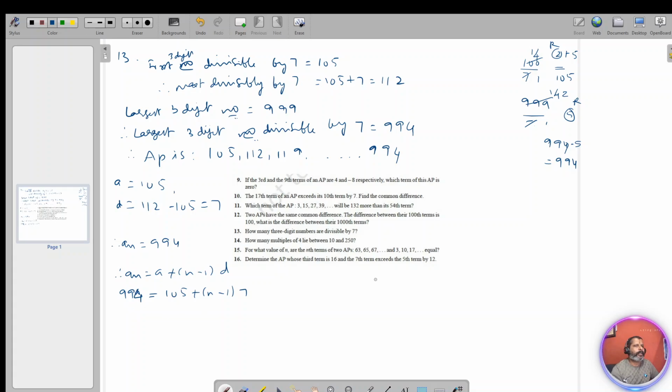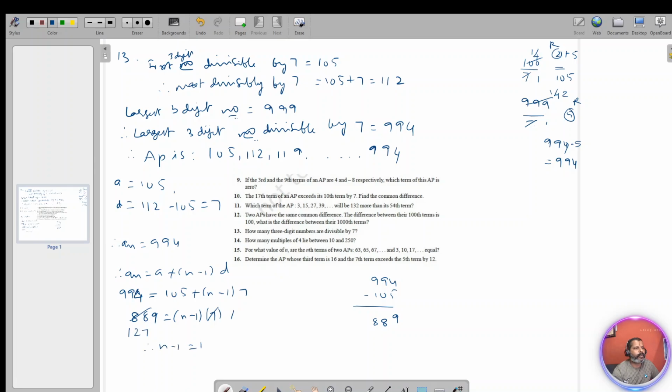If you subtract 994 and 105, how much it comes? 14 minus 5 is 9, 8, 8, right? 889. 889 is equal to n minus 1 into 7. 7 should get cancelled, otherwise it will not be a proper question. 7 1s are 7, 18, 7 2s are 14, 4 remaining, 7 7s are 49.